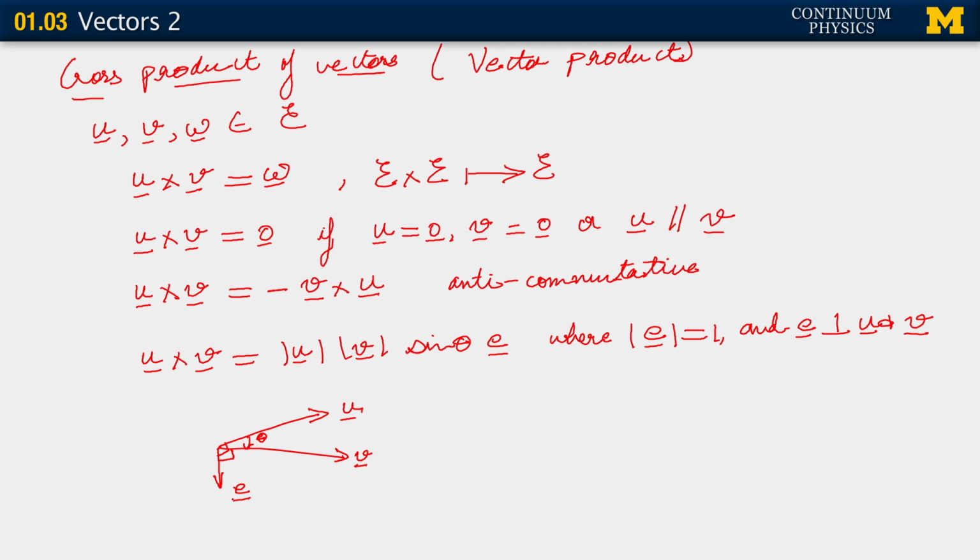Now, you may recall that the cross product also has another aspect of its geometric interpretation. Okay?